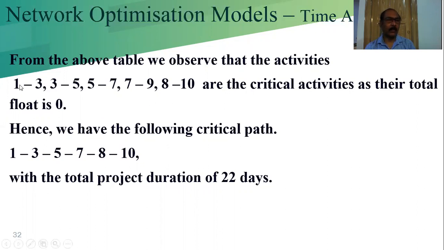From that, 1-3, 3-5, 5-7, 7-9, 8-10 are the critical activities, as the total float is 0. Each and every activity float is 0, and also the total float is 0.